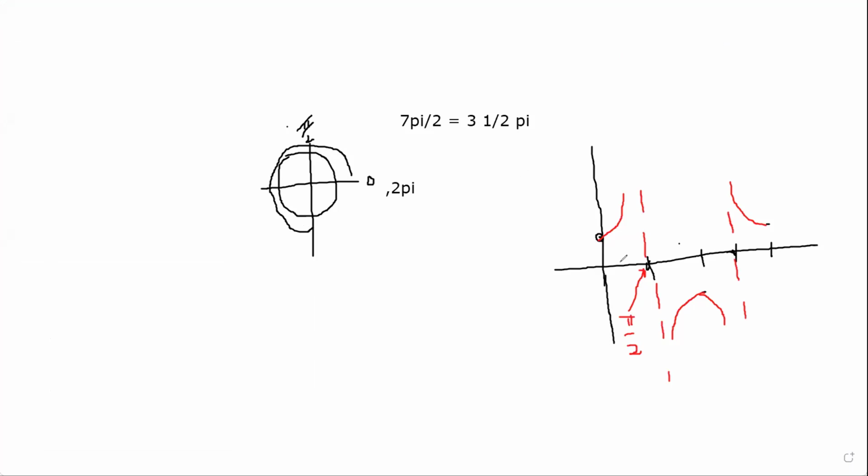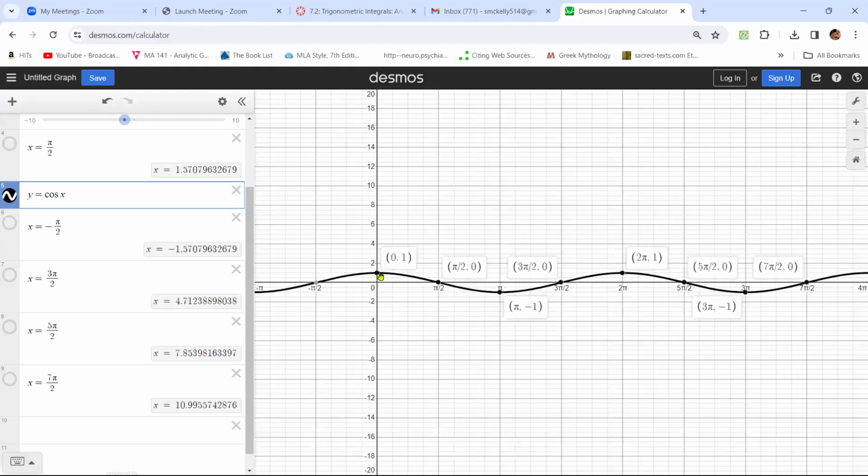Now, this graph over here is a far cry from the one that I'm showing you, but let me go back to the other graph that I had in Desmos. Here's cosine. If you get stuck graphing the secant, you can use cosine to help you. Whenever you have a 0 for any of the trig functions, the reciprocal will be undefined.